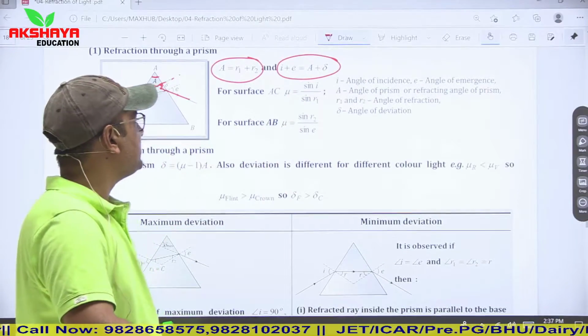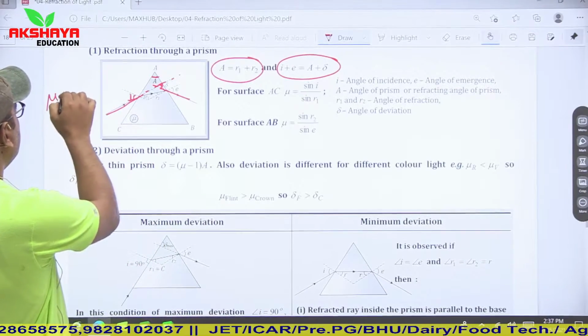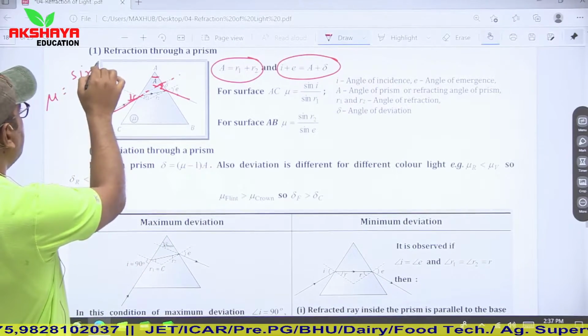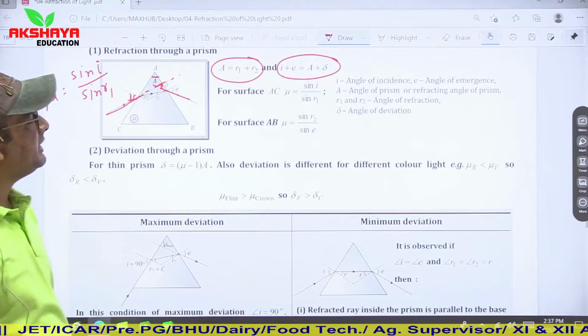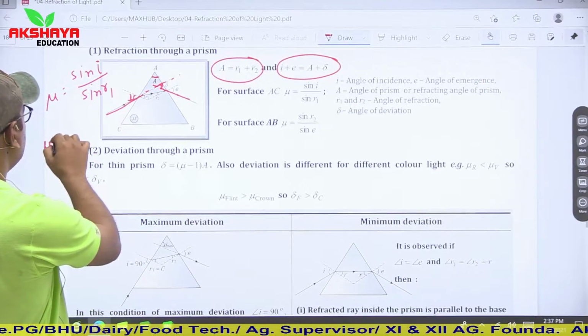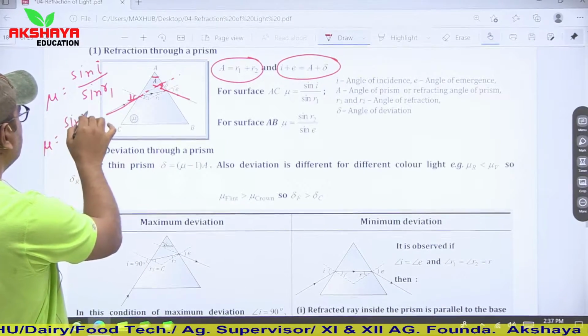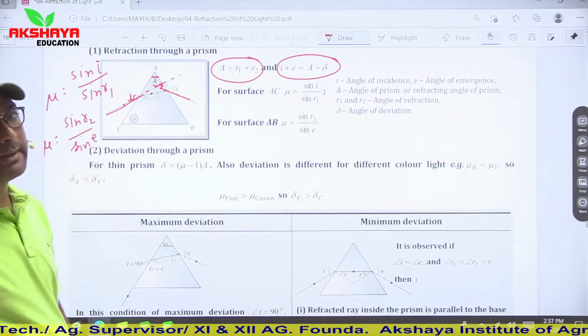For the first surface, mu is equal to sin I upon sin R1. And for the second surface, mu is equal to sin R2 upon sin E. So E is the angle of emergence.